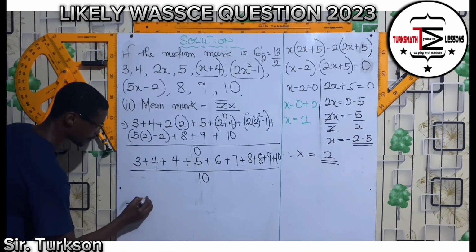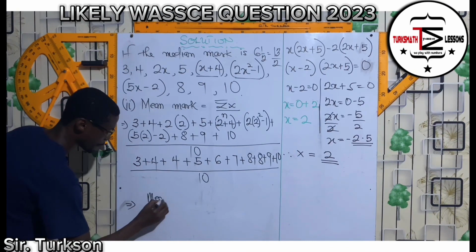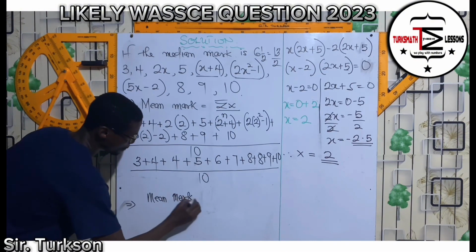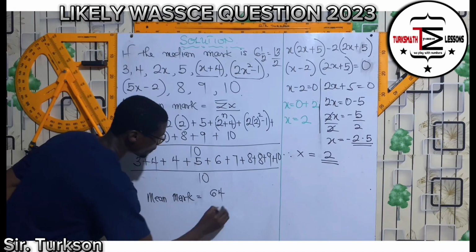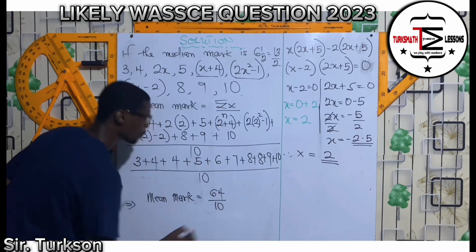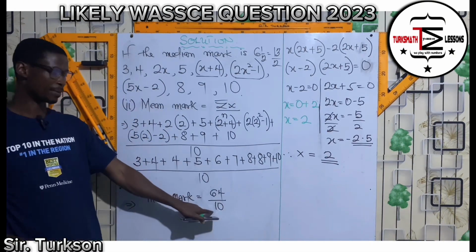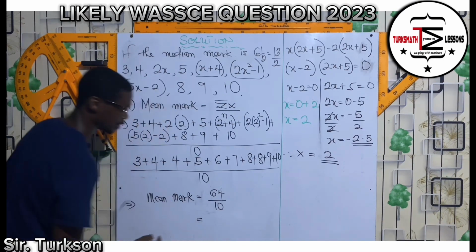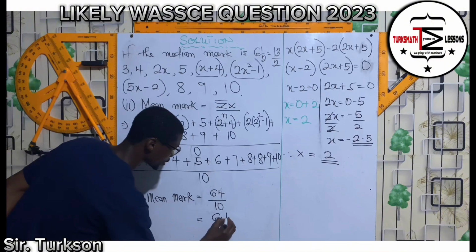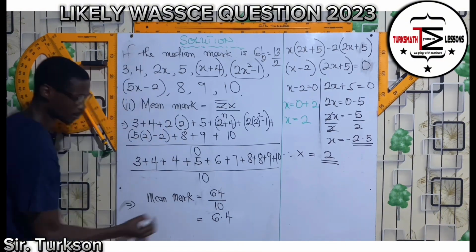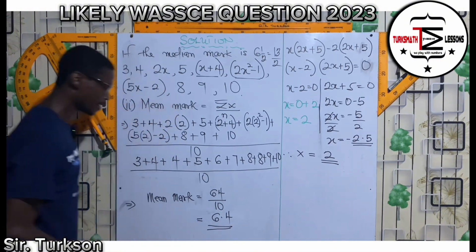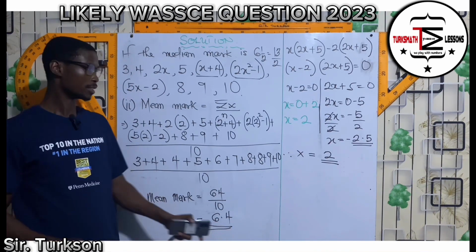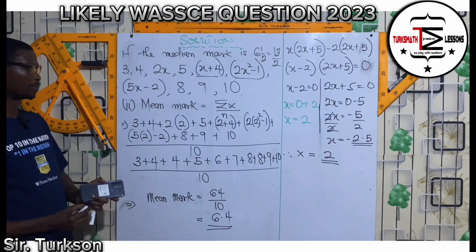So we are going to have 64 divided by 10. Okay, so 64 divided by 10 here is going to give us 6.4. So therefore, our mean mark here is what? 6.4, right?